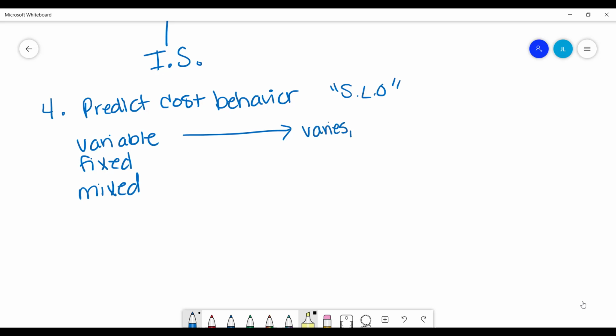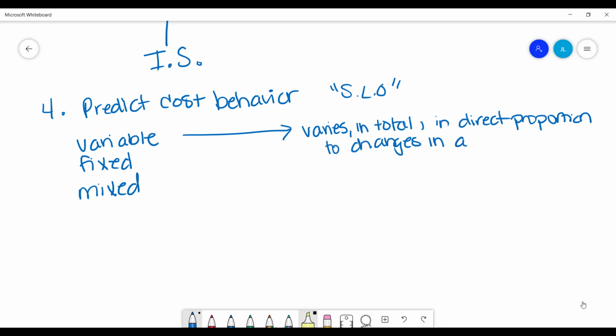Okay, so varies in total, in direct proportion to changes in activity. I don't want that to look like the word indirect.